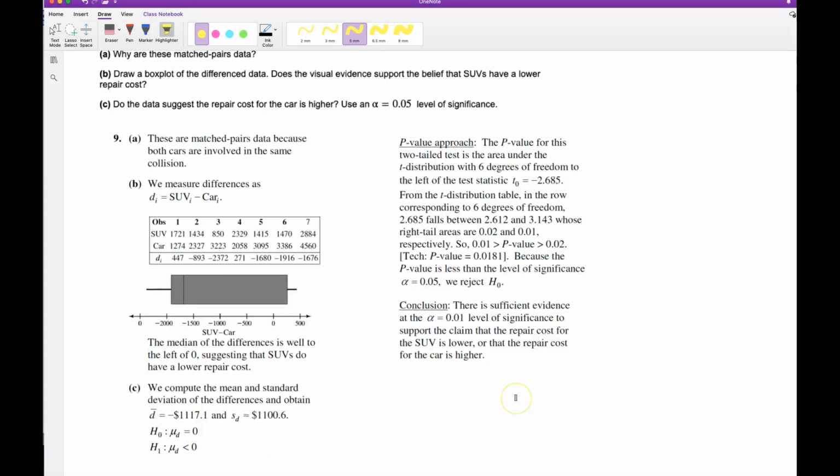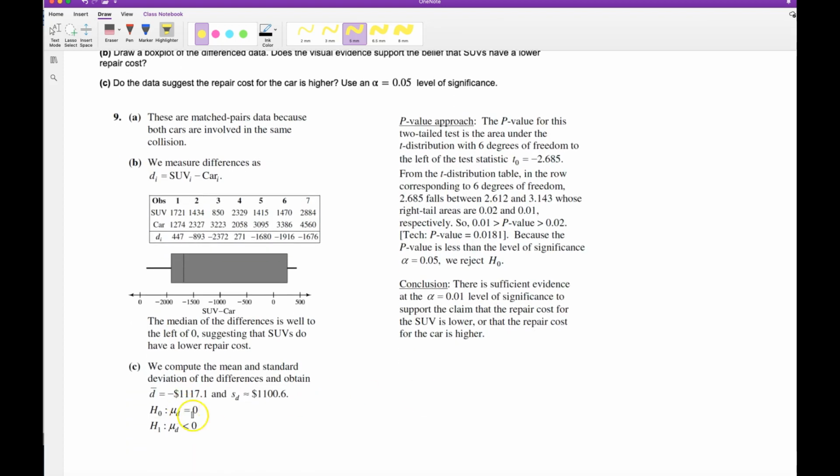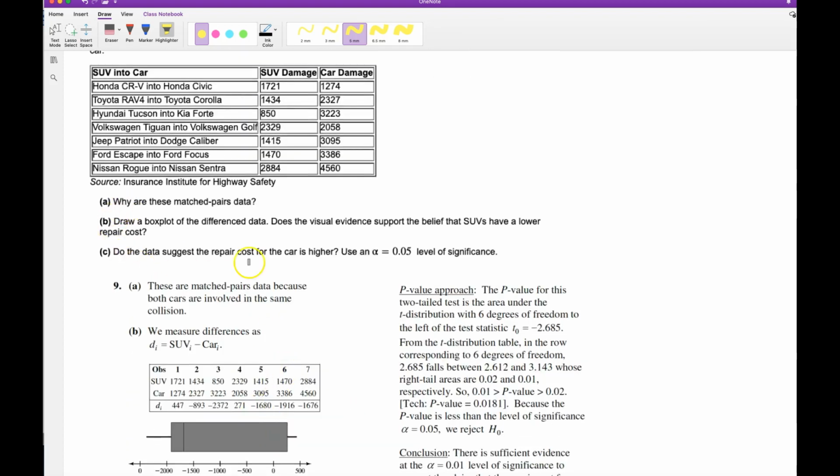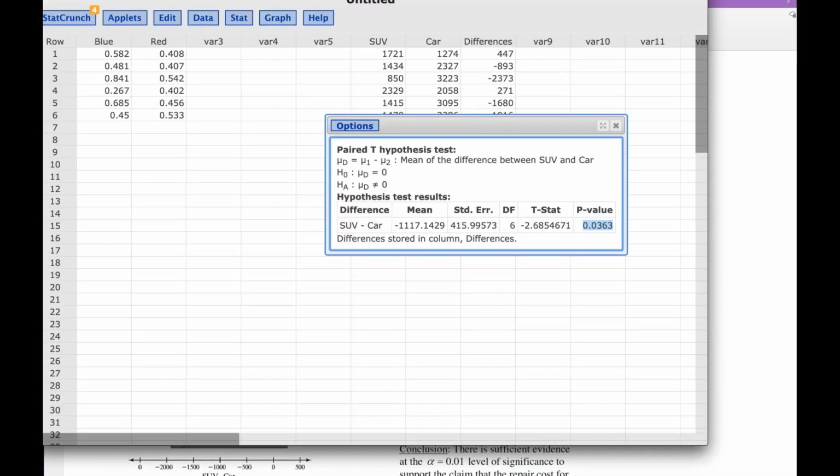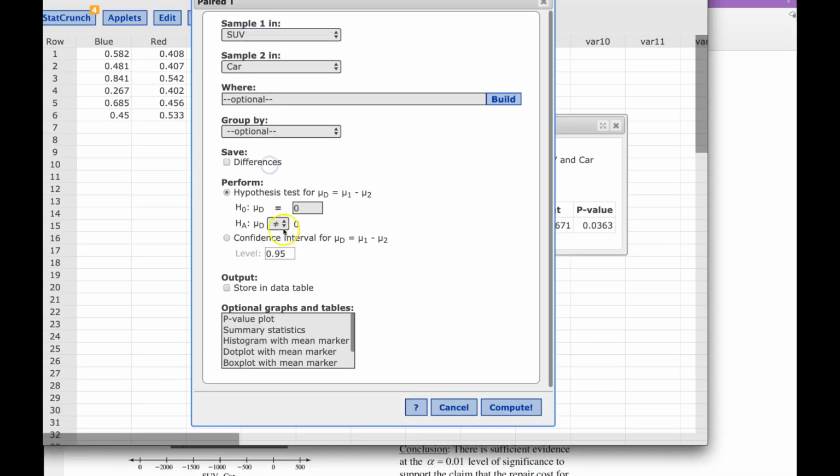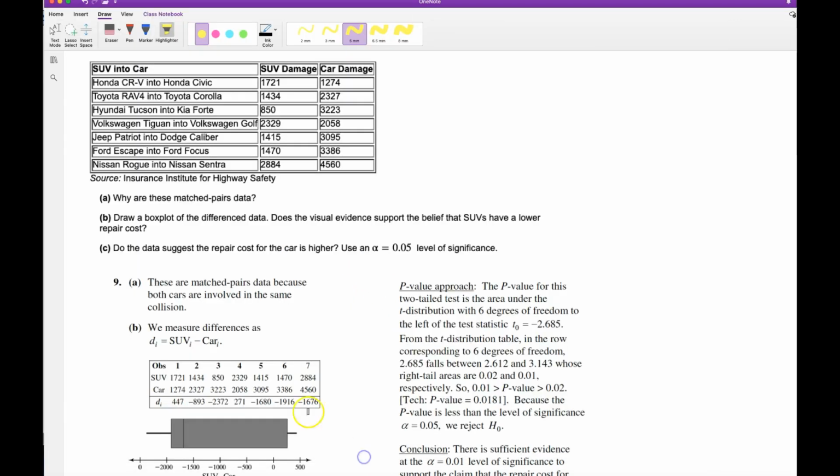Oh, we wanted to see if the repair cost for the car is higher, so we want to run that the car is smaller than. So there we go, and you compute that right there.